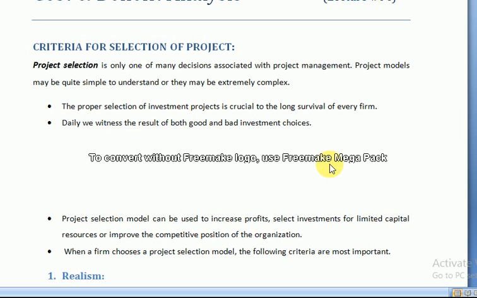The seventh point is reductions in cycle time. Cycle time means the time period of the project, the duration in which a project must be completed. That is called cycle time.